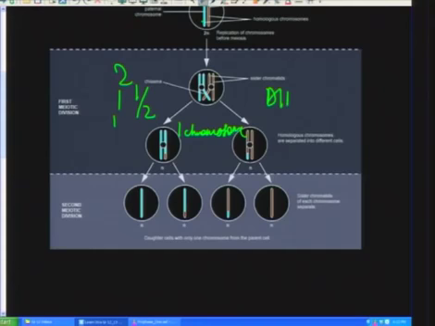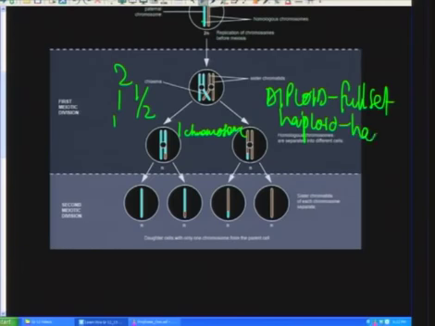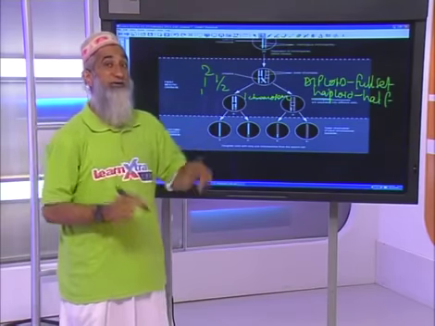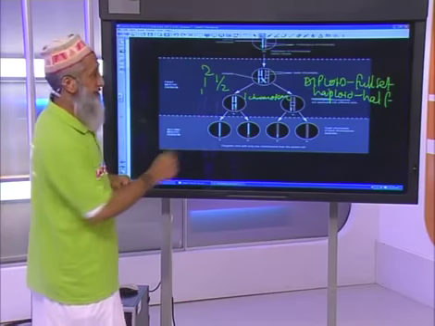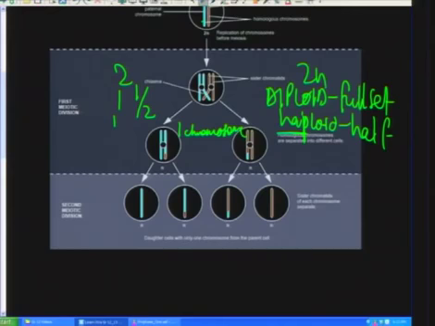So 2 became 1. In other words, it has become half. Diploid is the full set. Haploid would be half. Hap for half there. Diploid, double, but not really being double, being the full complement. But we use the word 2n and n for that.